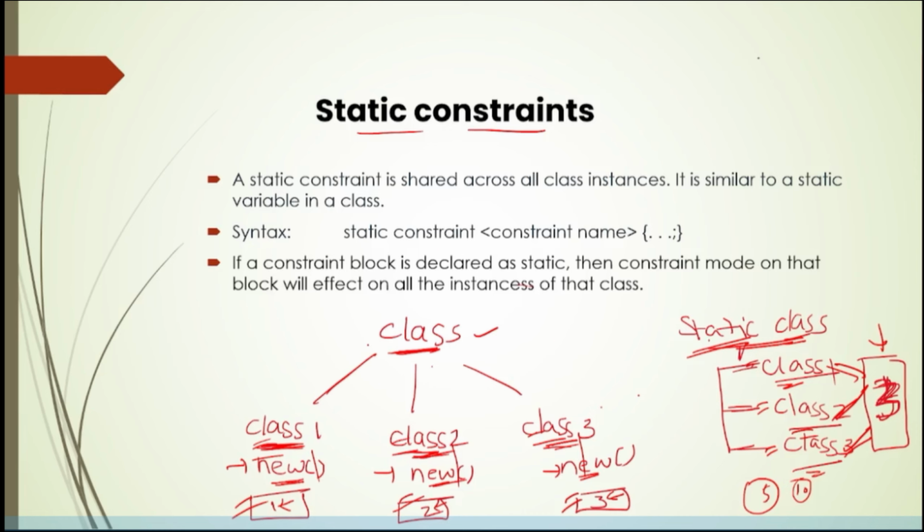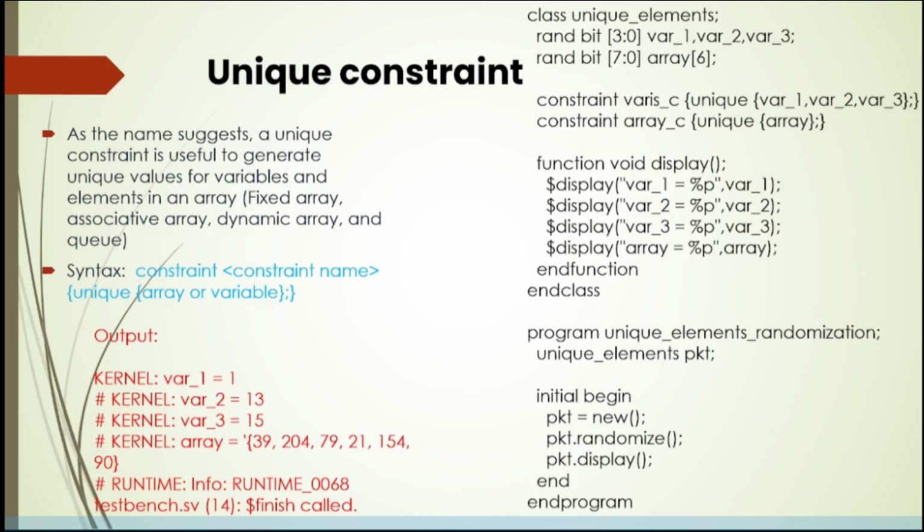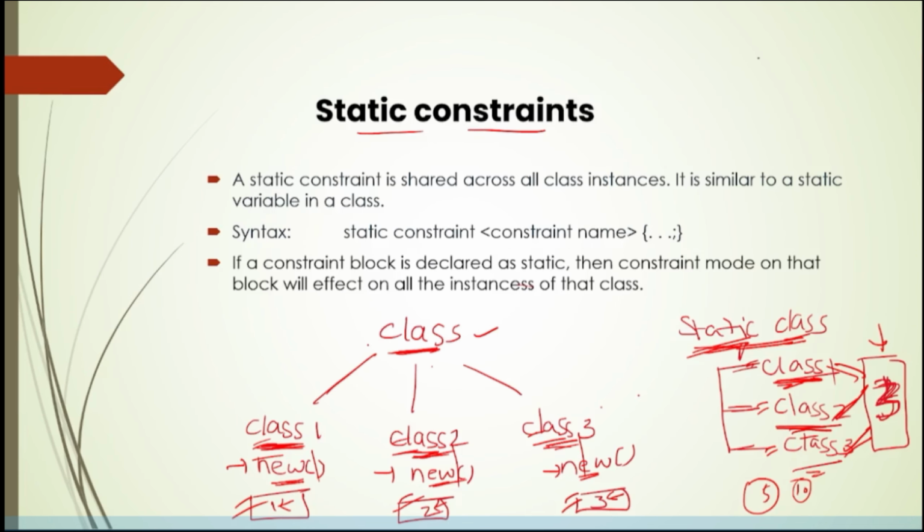But with a static constraint, all these handles will share the same memory location, which is why any change made through one handle will bring the changes in the remaining handles also. I will explain this with an example so that you can easily understand it. Don't worry about it. Let me give you a small example on EDA Playground.